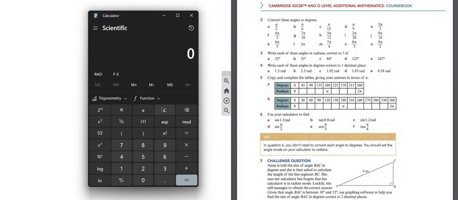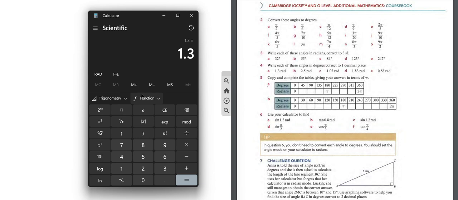No, I think I messed up. Sine of 1.3, there must be some issue. Let me do it on my scientific calculator. If you want to convert yourself on your scientific calculator, if it's an FX991 ES plus, click shift and then mode, and then click the number 4.